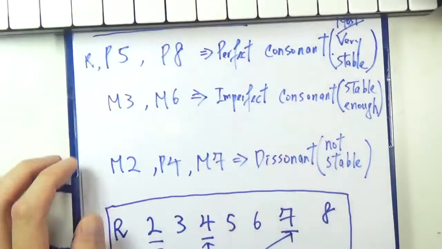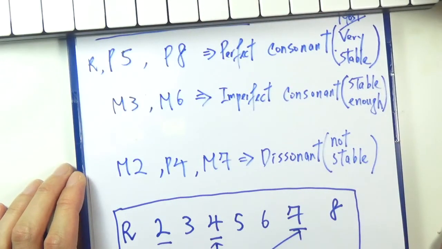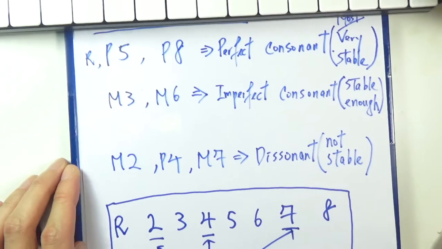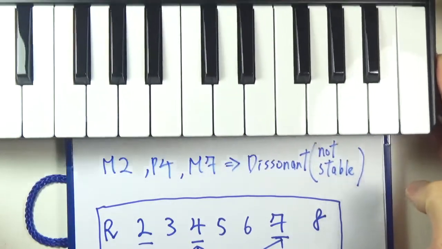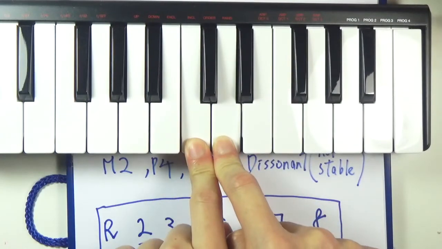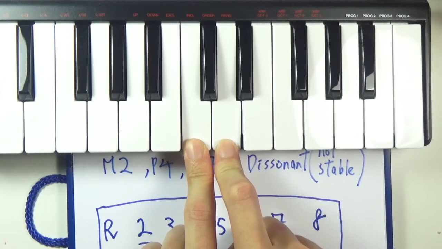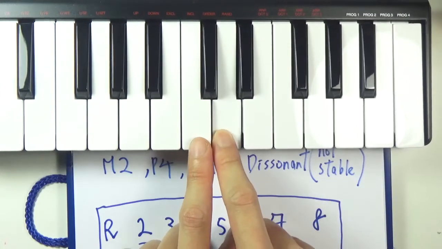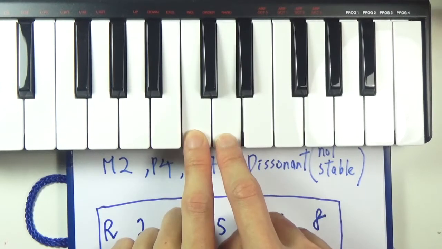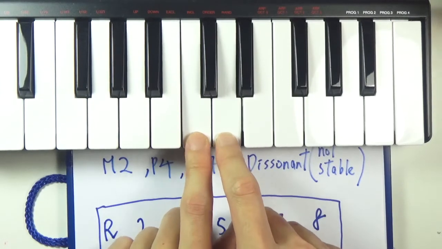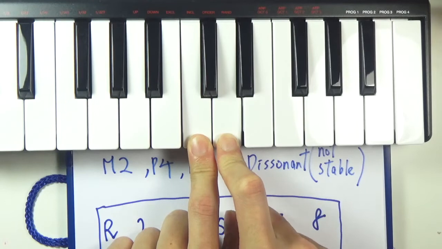We have some really dissonant tones: the major second, perfect fourth, and major seventh. The major second here would be a very dissonant sound when played against the root. It is considered a very dissonant interval, and we want to go somewhere.